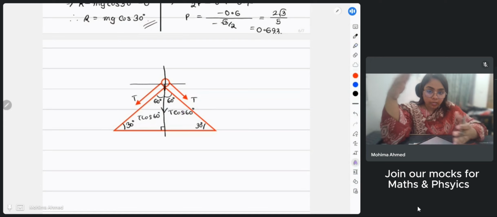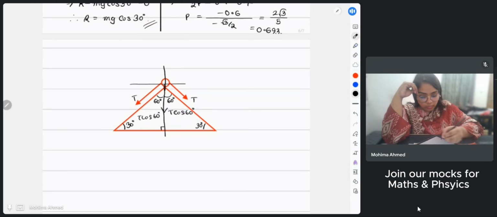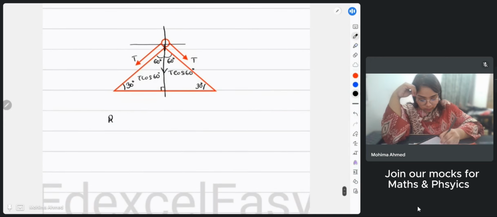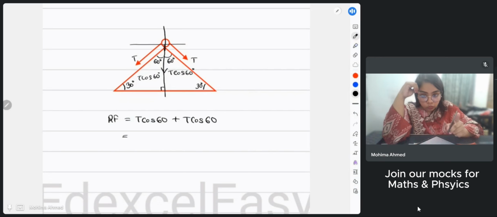So in that case, the resultant force over here is going to be T cos 60 plus T cos 60. The value for T was again 1.2 mg. So you can write 2T cos 60 degrees, and 2 multiplied with 1.2 mg and then cos 60.